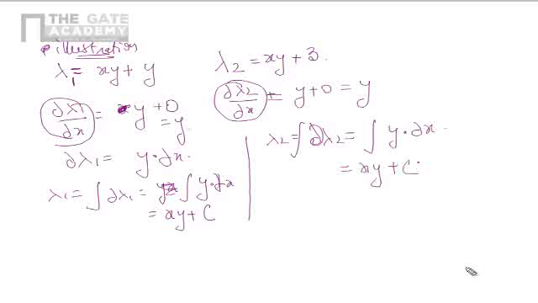Now pay attention, look at lambda here. Lambda is y. Since I partially differentiated lambda, I don't know whether this constant is really a constant like 3 or a term which is not containing x, like y. So we don't know. See, this constant and this constant are not the same.